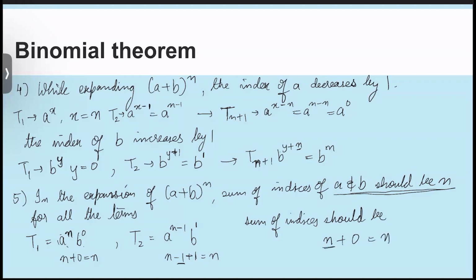So n will always be there with respect to the index of a; you have n minus 1, n minus 2, and whatever is the remaining has to be added, plus 0, and then you will get n. These are a few of the observations that we see when we have proven that the binomial theorem exists for any positive integer n.